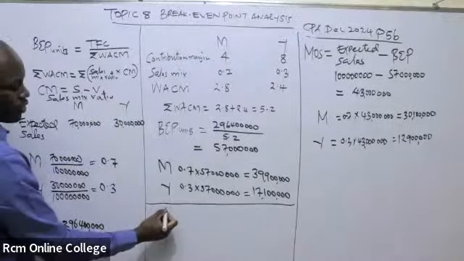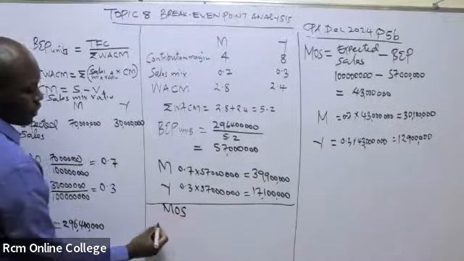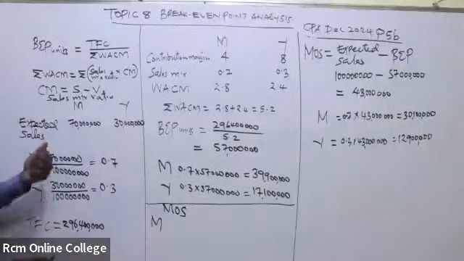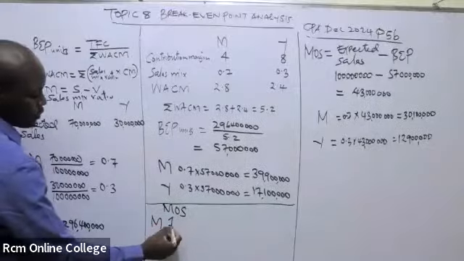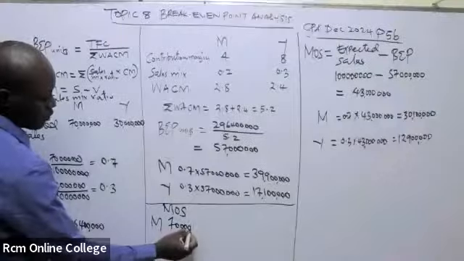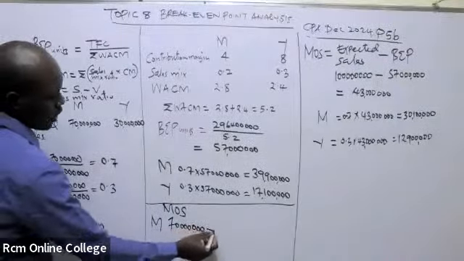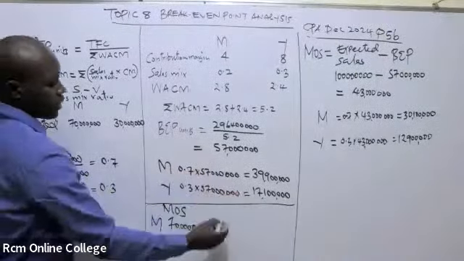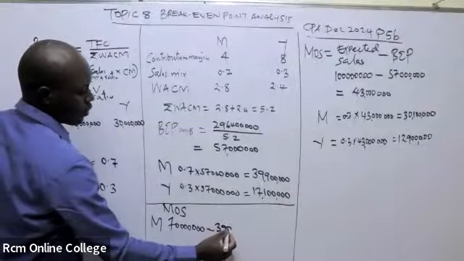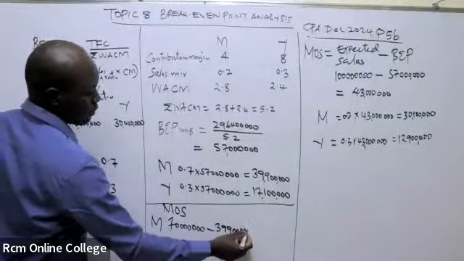So it means for the margin of safety for M, I just need to check expected sales of M, which is 70 million. Then I less the break-even point of product M, which is 39,900,000.